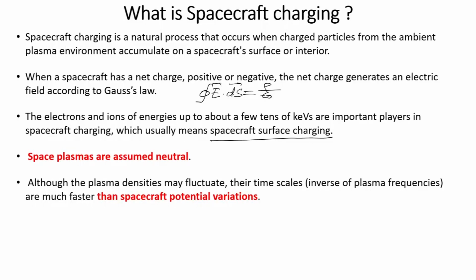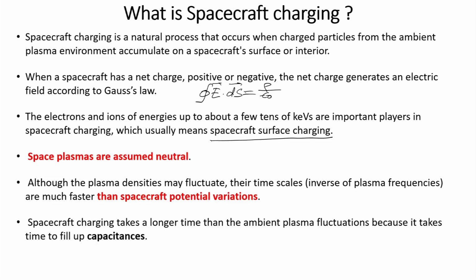It fluctuates very much because the solar or space weather has a short time scale behavior. Here the time scale again depends on the plasma frequencies, as we have seen. If there are some local instabilities, this gives rise to plasma oscillations. But when we consider spacecraft charging or the spacecraft potential, that process will be much slower than the short time scale fluctuations of the plasma.